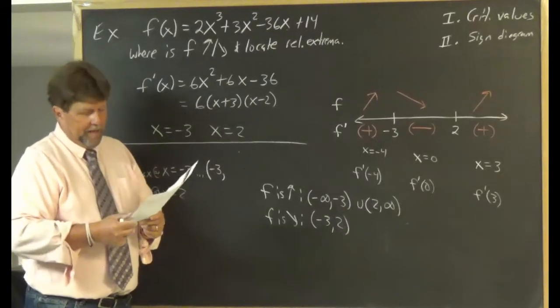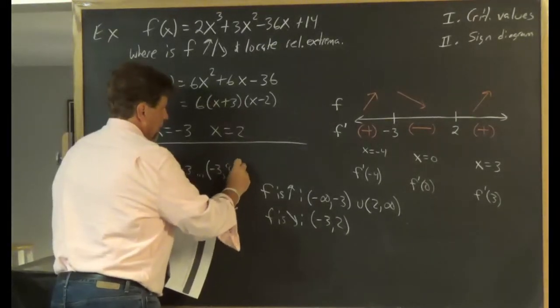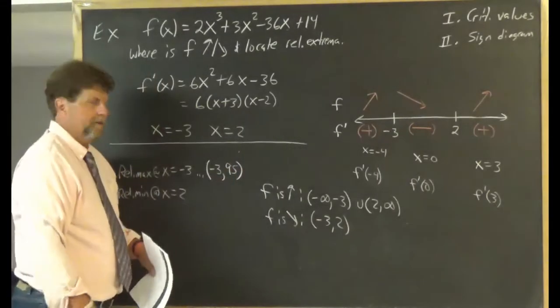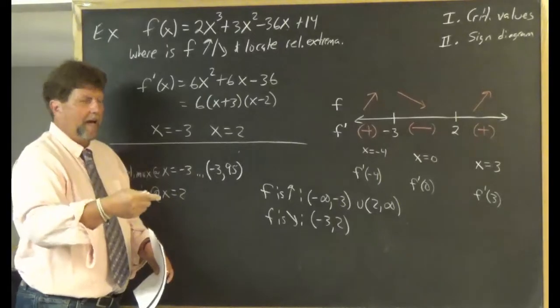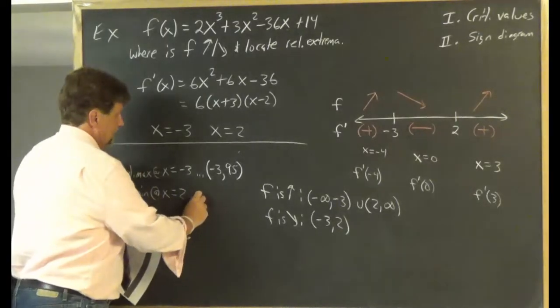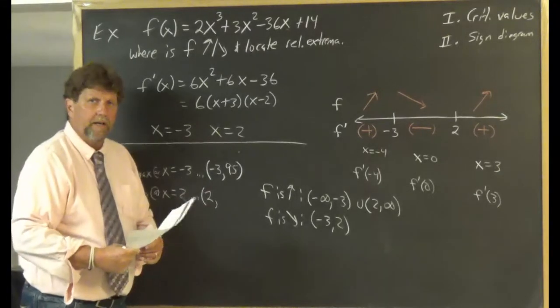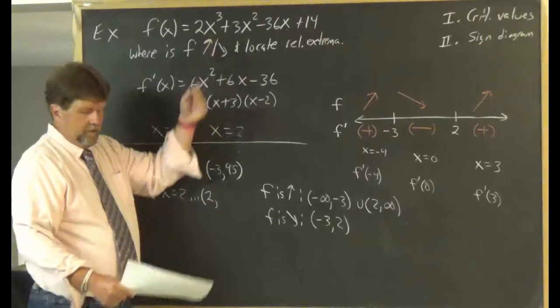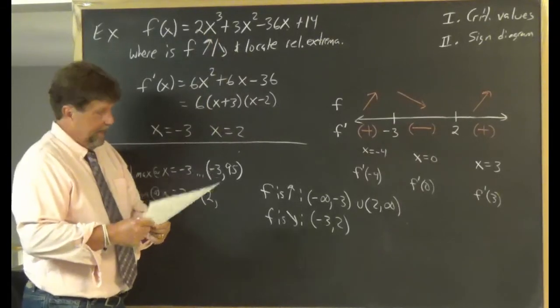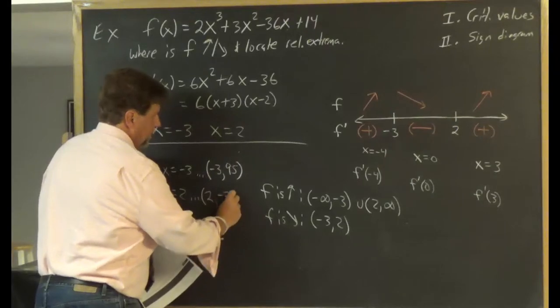I used my calculator to do that, and I got a y value of 95. So the relative max is at the point -3, 95. Likewise, the relative min, I need to get its y-coordinate. So I take this value of x, toss it back into the function, and I ended up getting -30.